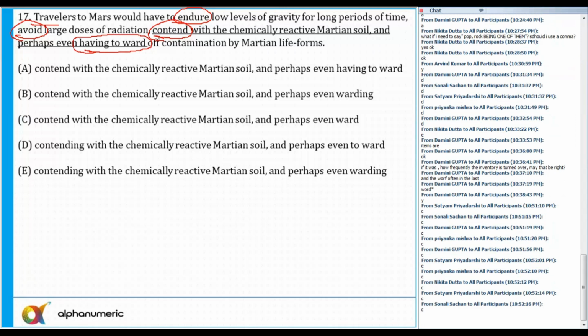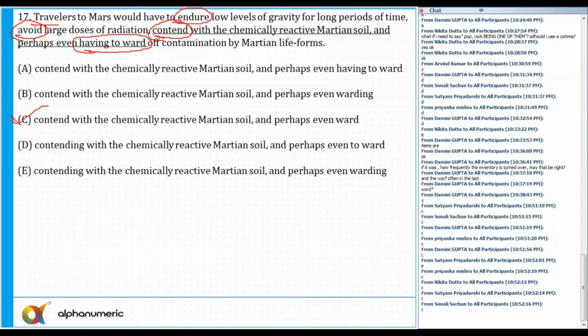So the travelers to Mars would have to do four things. Number one, endure. Number two, avoid. Number three, contend. And number four, ward off. Over here, we'll have to use "and even ward off." So I think the answer should be C.